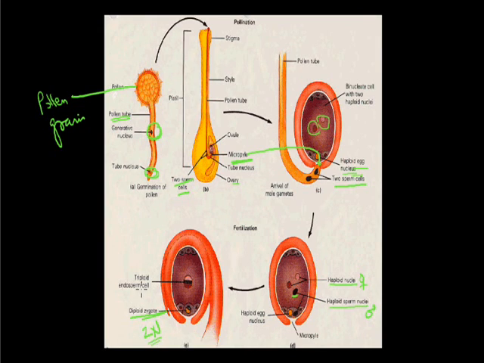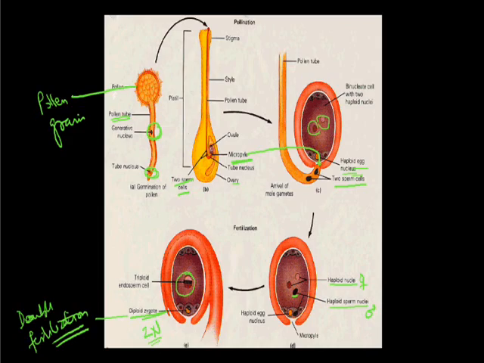But this process is still not complete. The remaining nucleus which is transported along with this sperm cell fuses with the endosperm cell, forming a triploid endosperm cell. So the process of fusion of gametes is known as double fertilization.